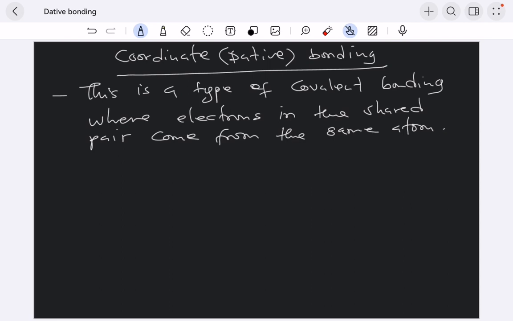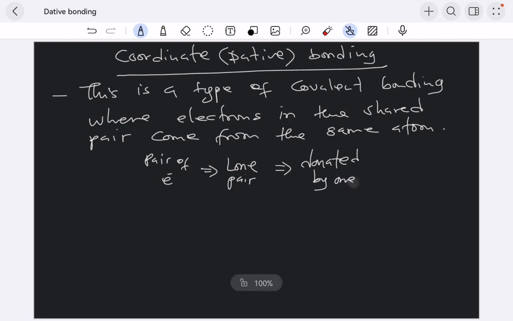So what happens in this type of bonding is that a pair of electrons, which is referred to as a lone pair, is donated by one atom.